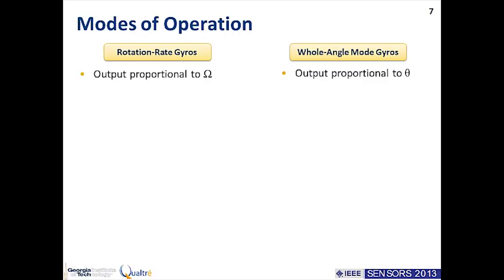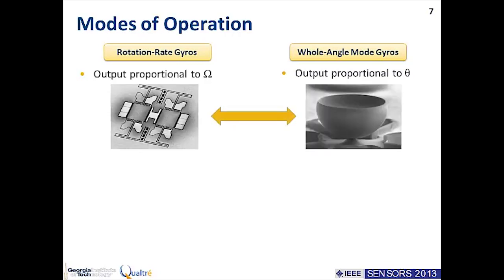And in general, usually rotation rate gyroscopes are of the tuning fork kind, and whole angle mode gyroscopes are either axisymmetric types of structures like shells or rings or discs.